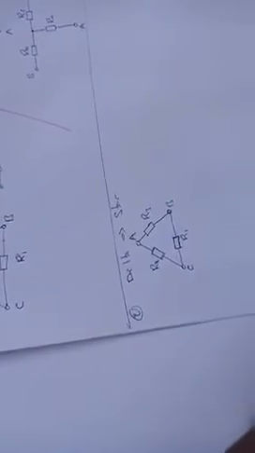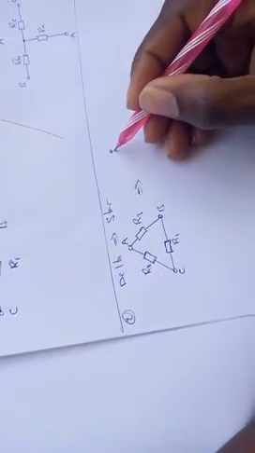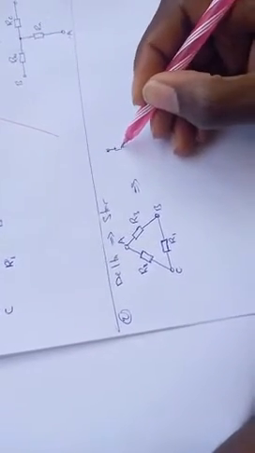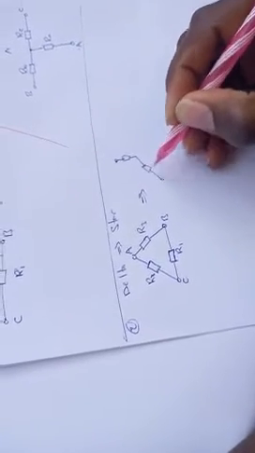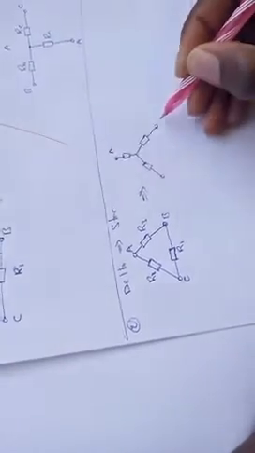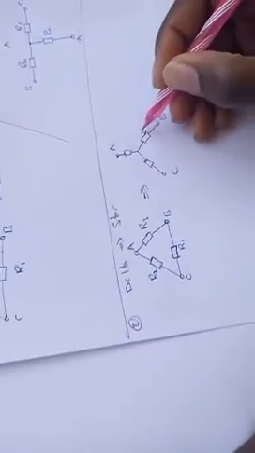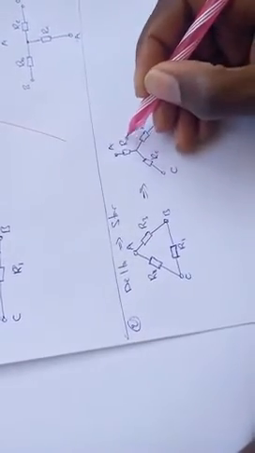So there, it's supposed to be connected in this way. So a star there, like that. A, B, C. This is RB, RC, RA.